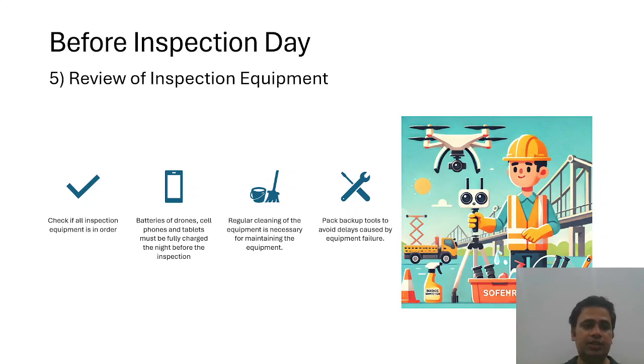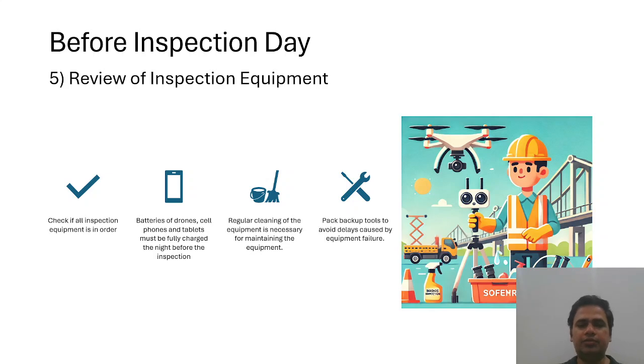It is advisable that you should carry a power bank with you, so that in case the battery goes down, you can recharge it with the help of the power bank during the travel time. You must regularly clean the equipment for maintenance. If possible, you should also have some backup tools, backup equipment, in case of any damage or equipment malfunctioning.